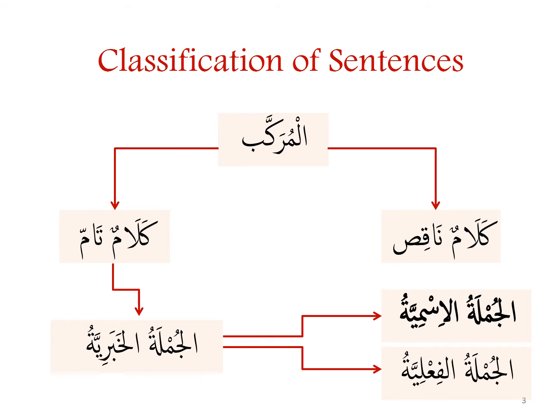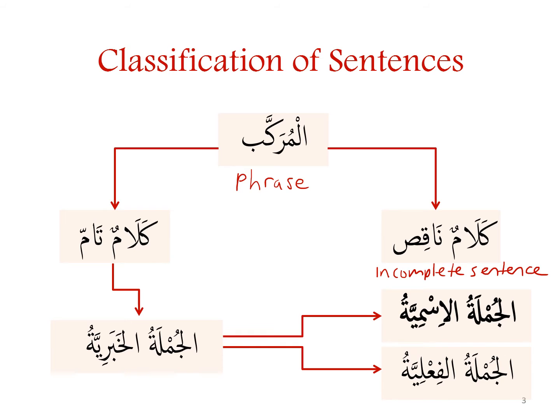So first we'll just review our classification of sentences. We have al-murakkab, which is what we can say phrase, or I guess a bunch of words together. Now, in regards to the phrase, it can be kalamun naqis, which would be an incomplete sentence, meaning that it would need more information to complete its meaning.